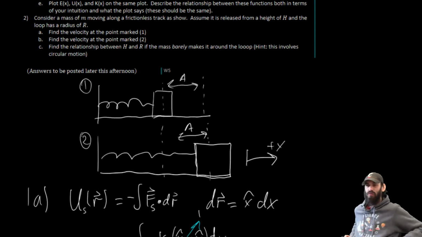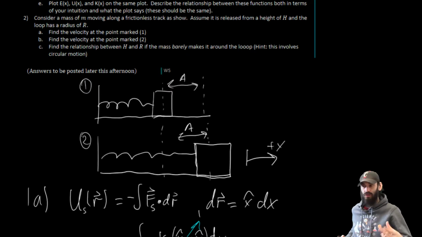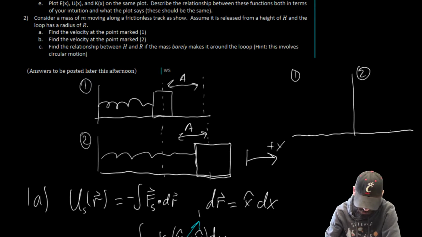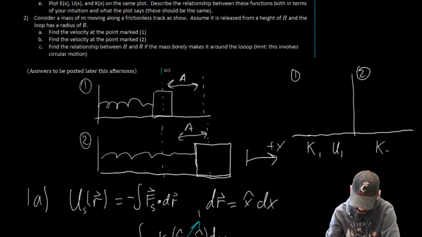One way that we found really useful to think about these situations is to draw some energy bar charts. So if I was going to draw some energy bar charts here, here is my state 1, and here's my state 2. Here is my kinetic energy, K1, and then U1, and we have our kinetic energy, K2, and U2 here.